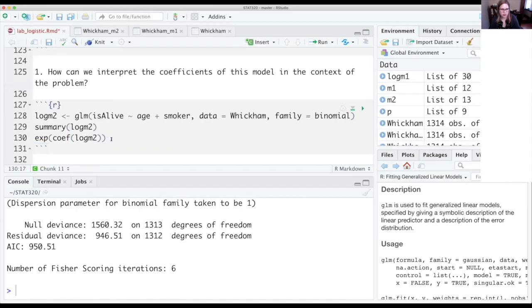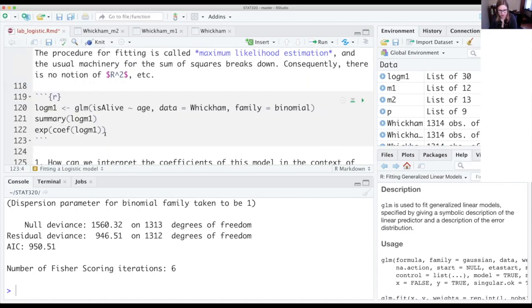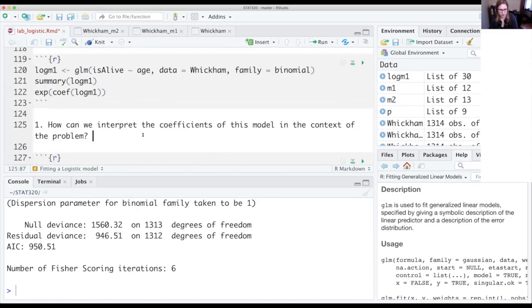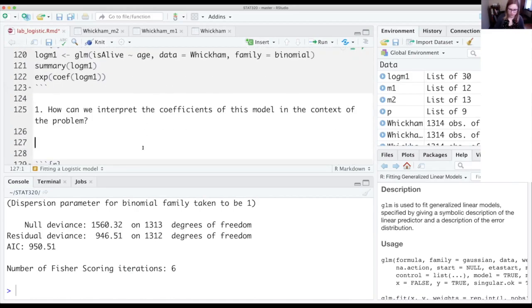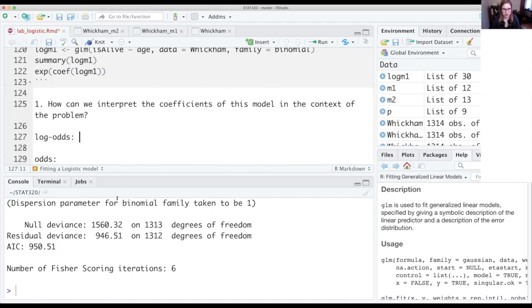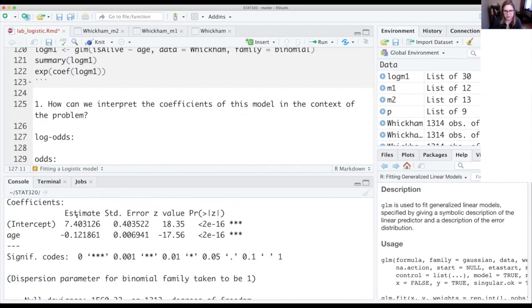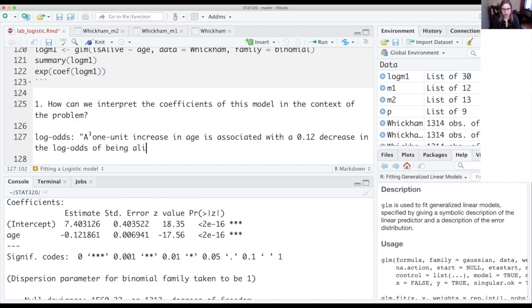So we want to try to interpret some coefficients here. We could interpret it in the log odds space, and we could also interpret it in the odds space. I'm going to start in the log odds space, even though that maybe doesn't make as much sense to humans. I'm going to say a 1 unit increase in age is associated with a 0.12 decrease in the log odds of being alive.